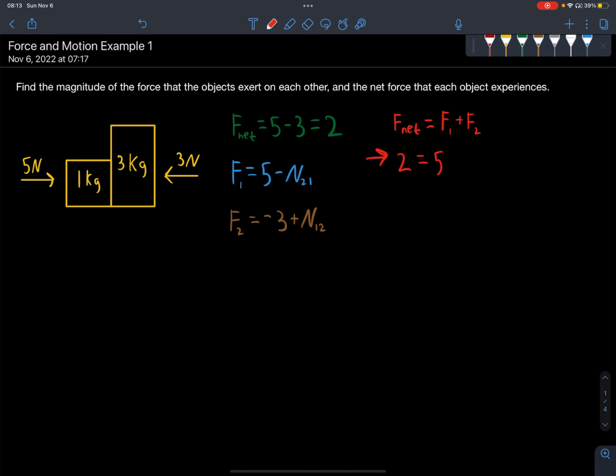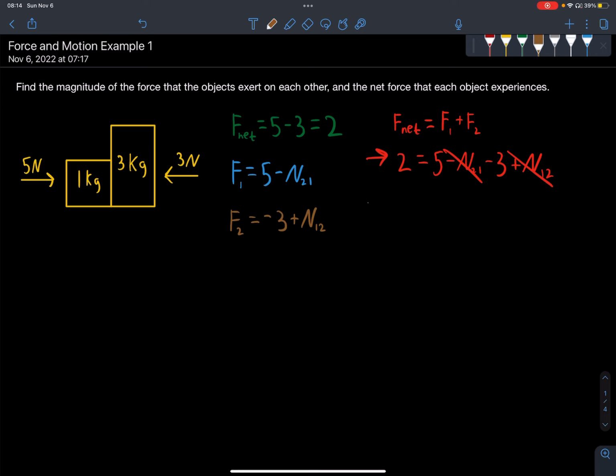So we have 5 minus normal force of 2 on 1. And then all the forces on block 2 are here. So we have minus 3 plus the normal force of block 1 on block 2. Now, by Newton's third law, we know that N12 and N21 have the same magnitude, and since they're pointing in opposite directions, we can just cancel them out.